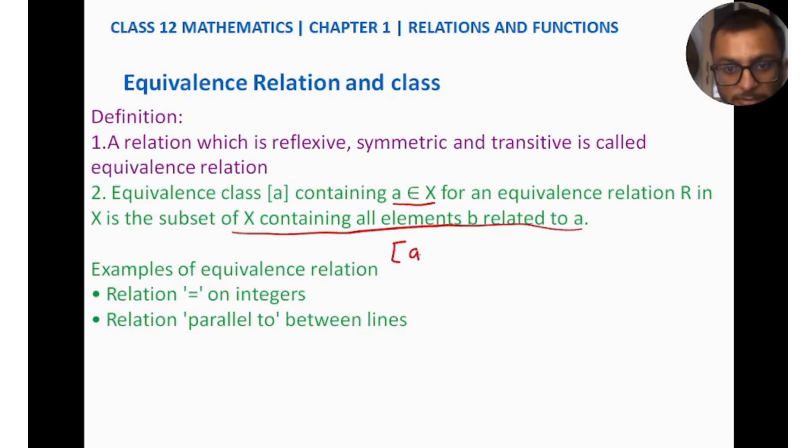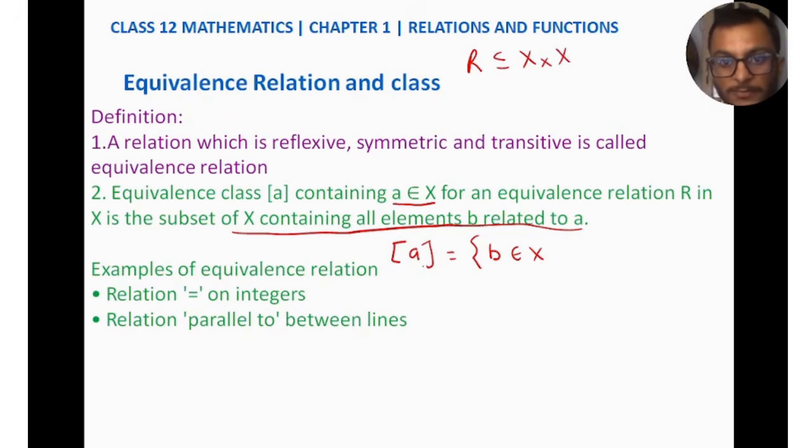So what is the class of A where A belongs to capital X? It is defined as all B in X. First of all, R is a relation over the set X.